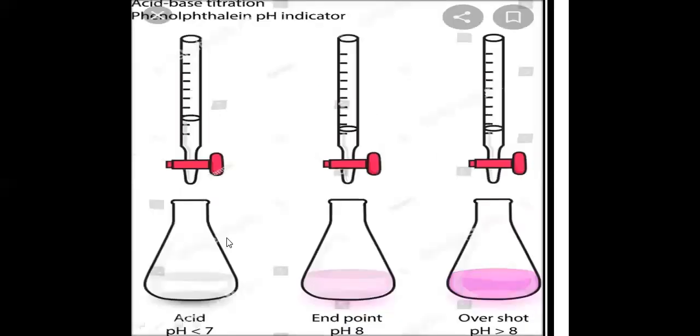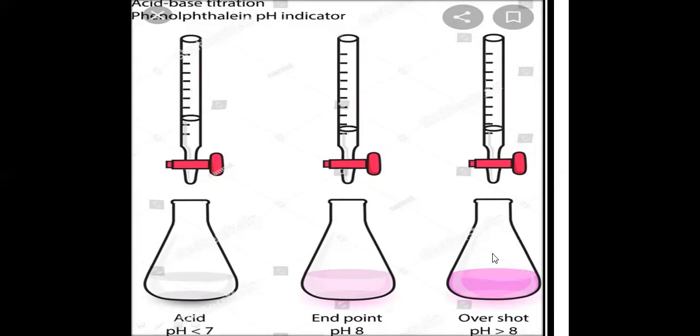In this image, you can see that at pH less than 7, the solution is acidic in nature and the color of phenolphthalein is colorless. While at pH 8, the color of phenolphthalein is light pink. And at a pH greater than 8, the color of phenolphthalein is dark pink.